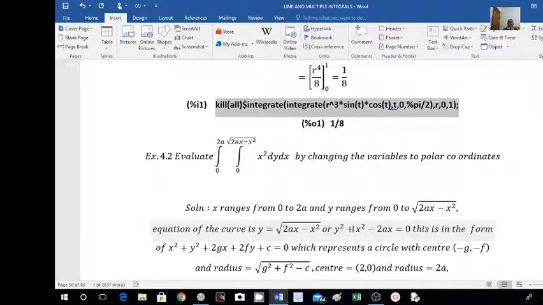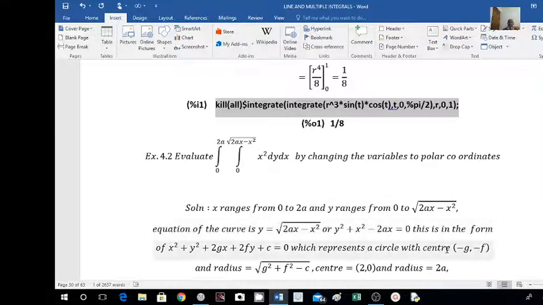Now here, in place of g, I have minus a. There is no y term, so f equal to 0. There is no constant term, so c is also equal to 0. So this is the circle here.